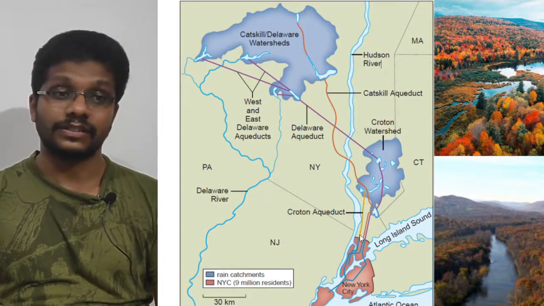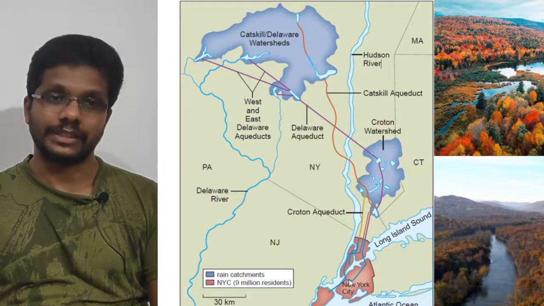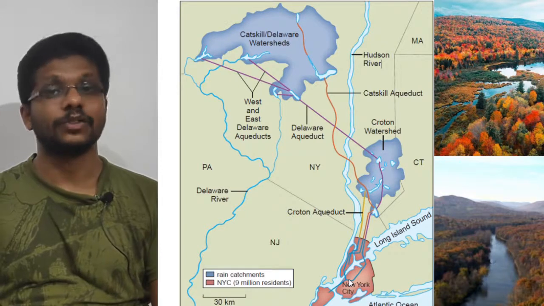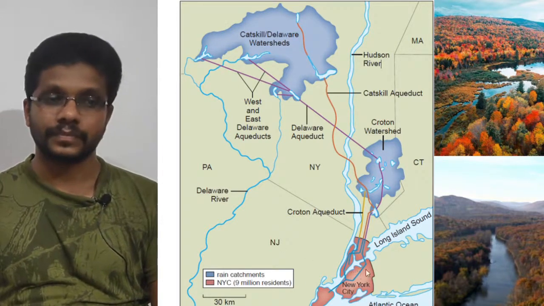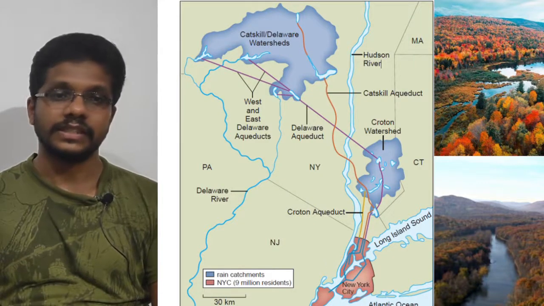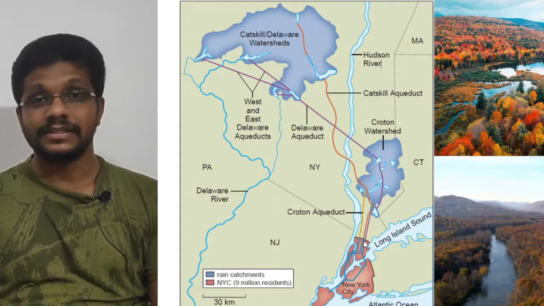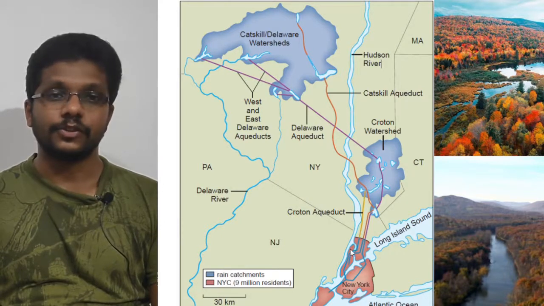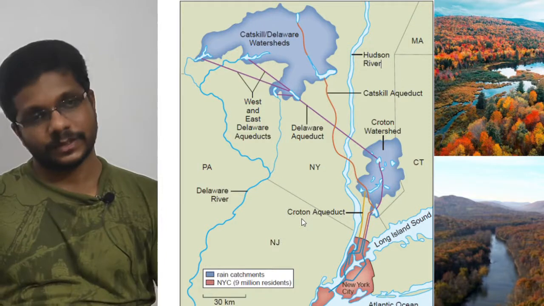Sorry, 6,000 million US dollars are required to make a plant to get fresh water to New York City. And it also takes 300 million US dollars as operational cost. So to get water supply for the whole city, the initial cost is 6,000 million US dollars, and annually they need to spend 300 million US dollars as operational cost.